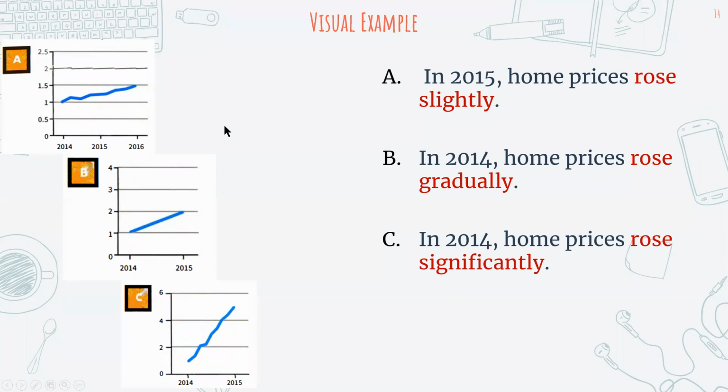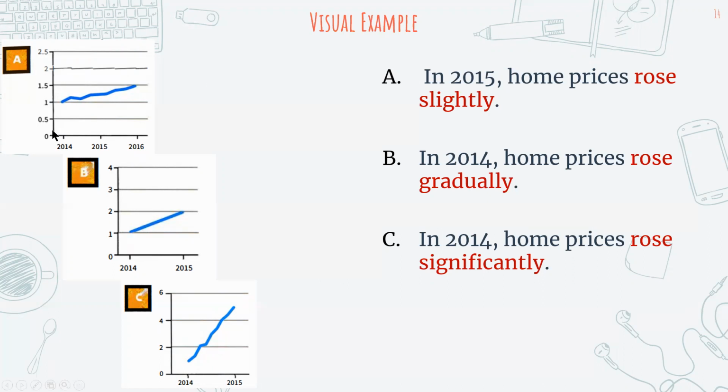I want you to focus on this graph, letter A. I'm talking about this year on the vertical axis. In 2015, home prices rose slightly, but someone might say, I'm not seeing it. I don't see a slight change. I see a big change.